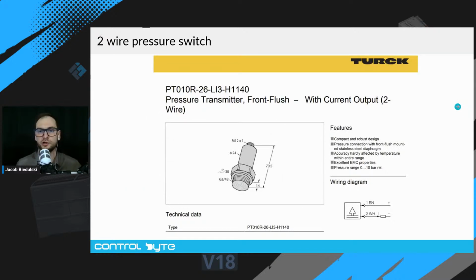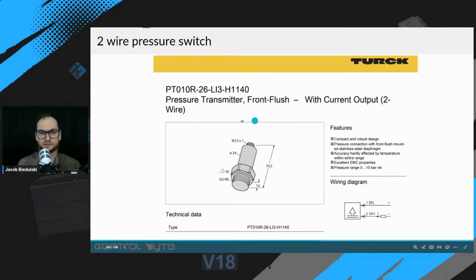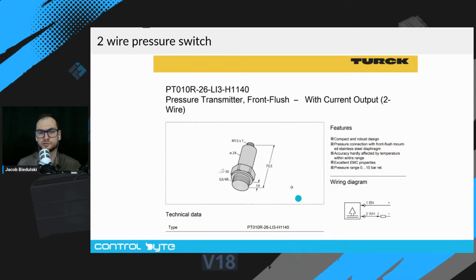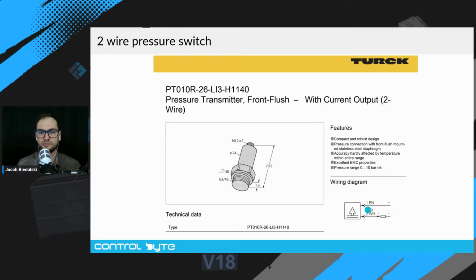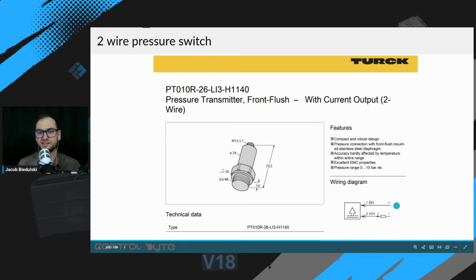If we go to a sample sensor catalog or manual, you can see such a view. This is the photo of the sensor, and here on the right, you can see the wiring diagram. On the diagram, you have a brown wire and a white wire, the plus and the minus.